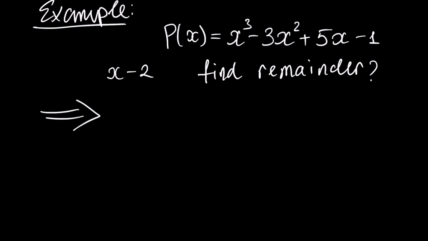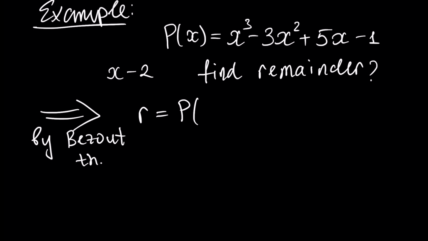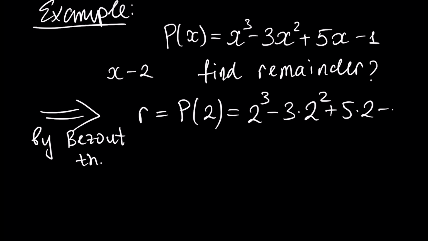Easily, using the previous theorem by Bezout, we have that the remainder r is equal to our polynomial p at the point 2, and this is equal to 2 to the power 3 minus 3 times 2 squared plus 5 times 2 minus 1. If we calculate it, it will be equal to 5.